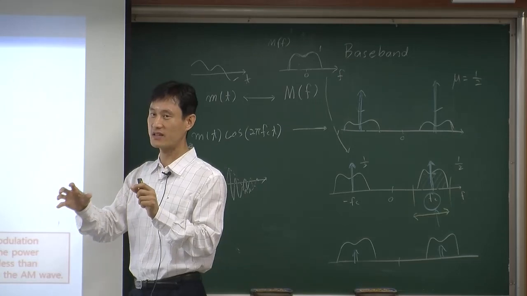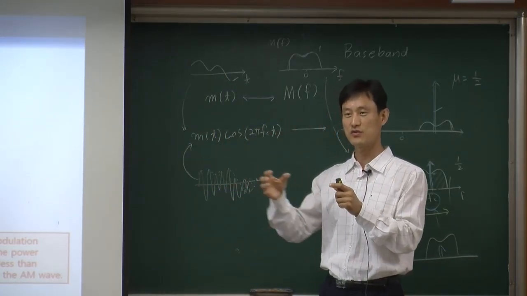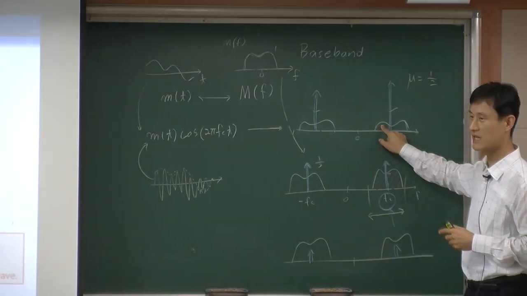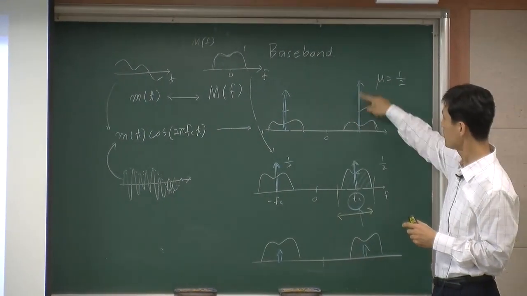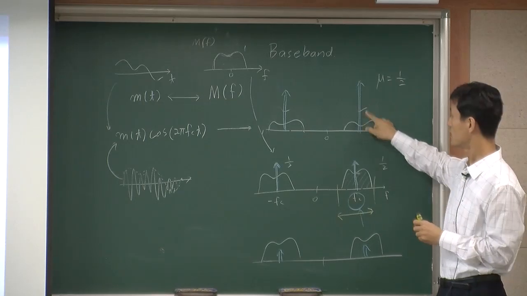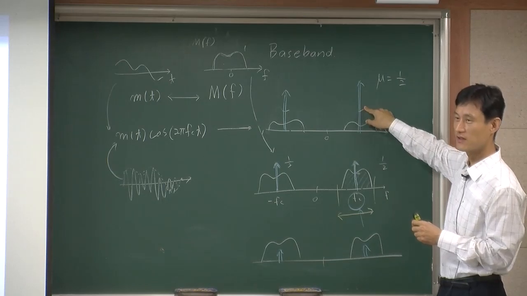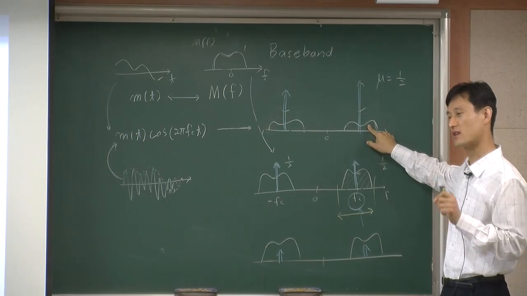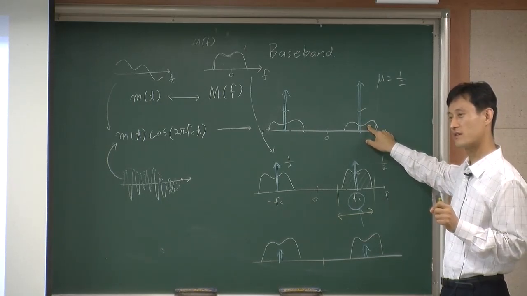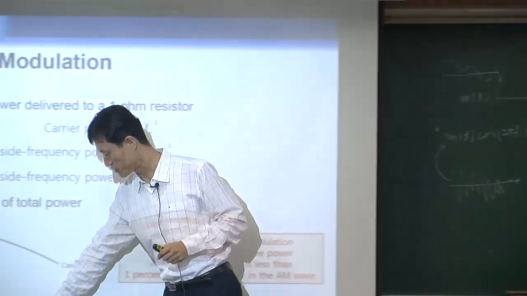So the carrier does not deliver any information. Your information is included in the sideband. The carrier, the blue one, has no information of your message, but it has 80% of the energy. The white one has only 20% of the energy. Okay? So that's what happens when the modulation factor is 0.5.